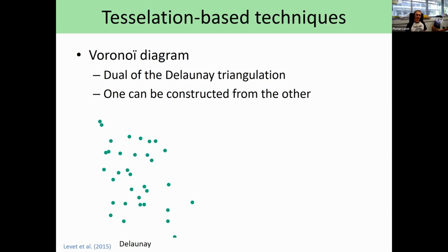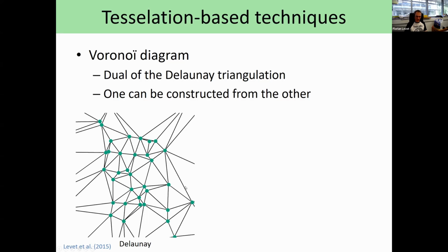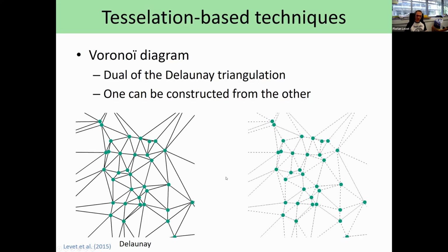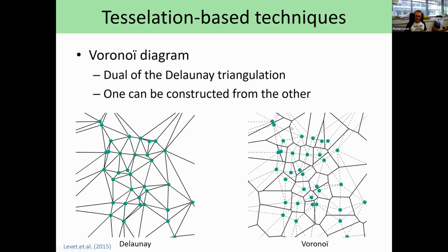The Voronoi diagram is a dual of the Delaunay triangulation, meaning that you can construct one from the other. If you have these localizations here, you can do the Delaunay triangulation like that. And in fact, you can construct the Voronoi diagram that you can see here, these polygons, from the edges of the triangles.